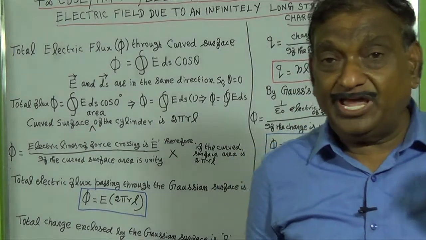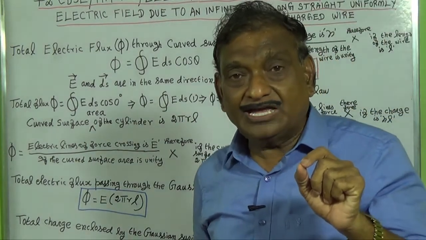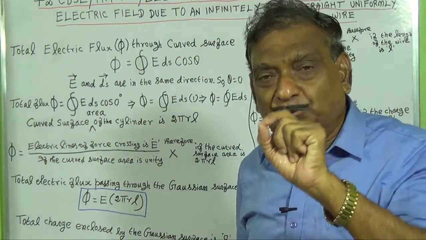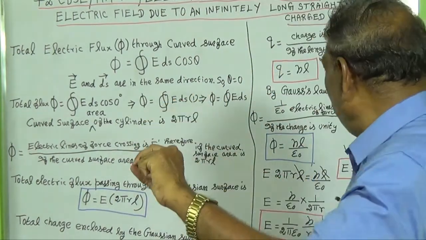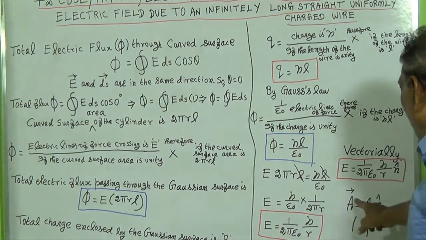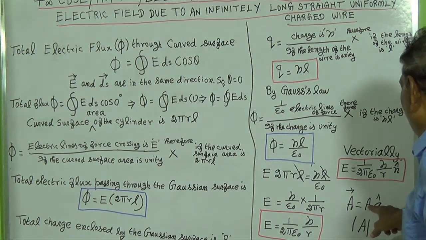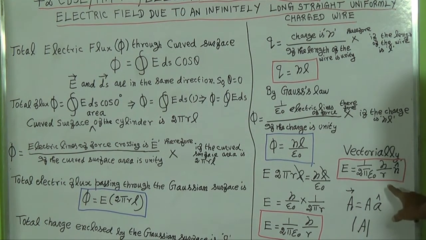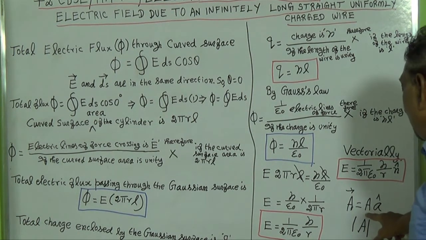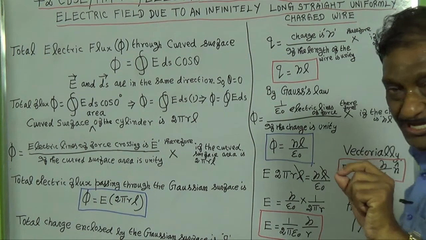Then if we write the A vector as the scalar multiplied by a unit vector small a cap, we will get A vector equal to A into a cap. This small a cap is the unit vector. This A is the scalar quantity.